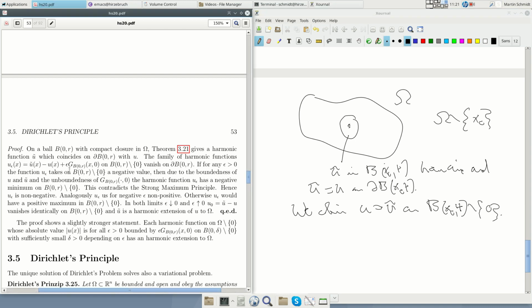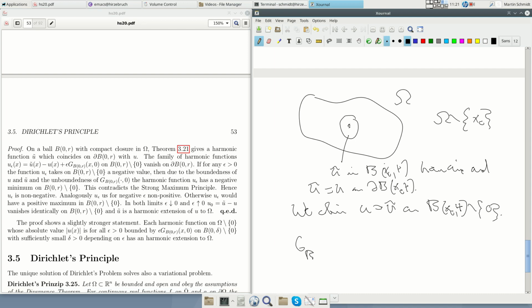And then observe that G of B, the Green's function, of x0 is for small x absolute values positive and becomes arbitrarily large.